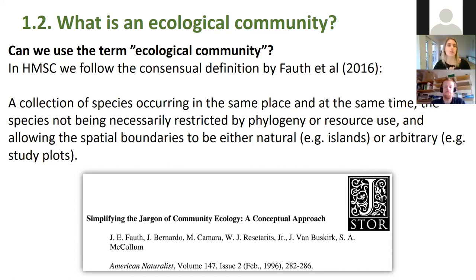And that definition of ecological communities that we use in HMSC is a collection of species occurring in the same place at the same time, the species not being necessarily restricted by phylogeny or resource use, and allowing the spatial boundaries to be either natural, for example, if our sampling units are islands or resource units or ponds, or arbitrary, for example, if we have study plots or study sites.